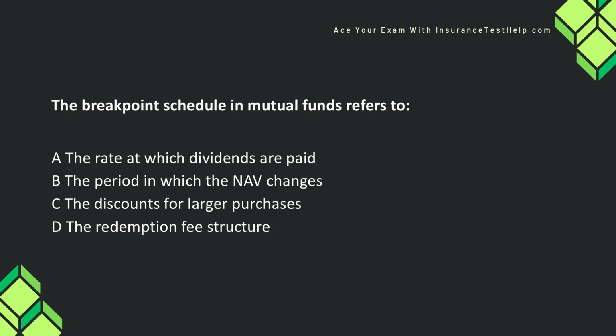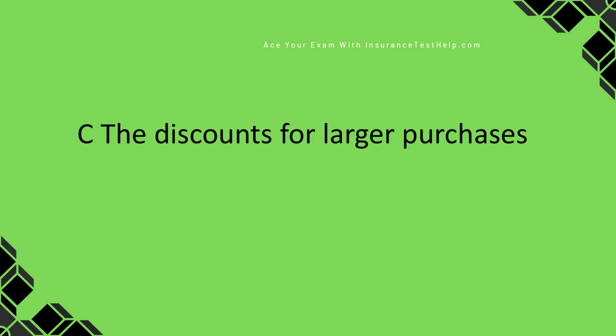The breakpoint schedule in mutual funds refers to A, the rate at which dividends are paid, B, the period in which the NAV changes, C, the discounts for larger purchases, or D, the redemption fee schedule. The answer here is going to be C, the discount for larger purchases. Remember, breakpoints are spaces where the commission would go down as you invested more money.